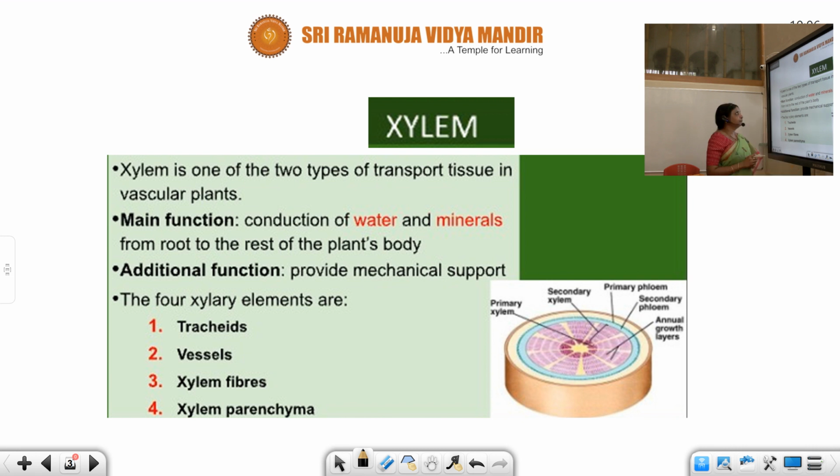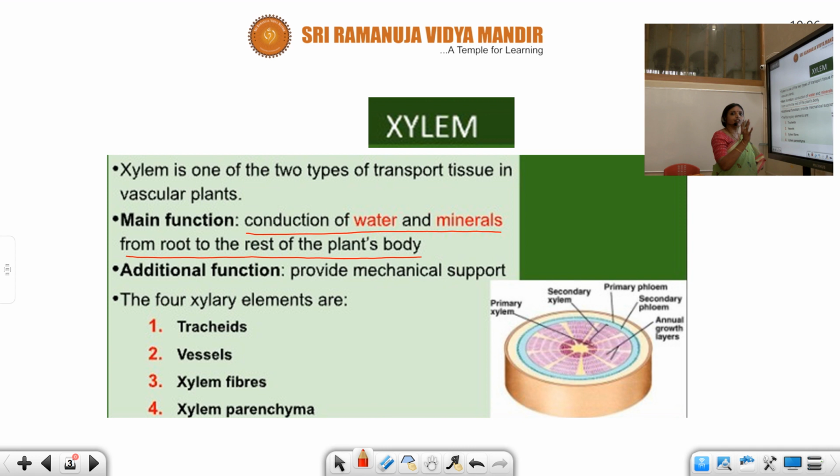And the main function is conduction of water and minerals from the root to the rest of the plant's body. The root takes water and minerals from the soil, and that is conducted to the other parts of the plant body with the help of xylem. An additional function is that it provides mechanical support.